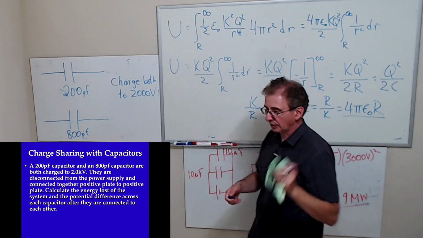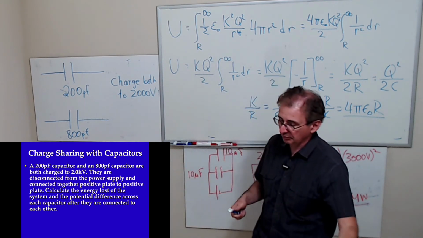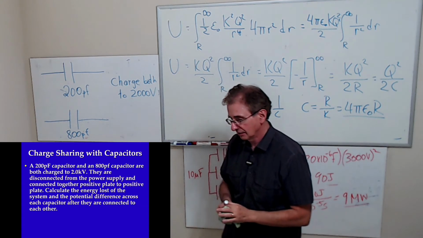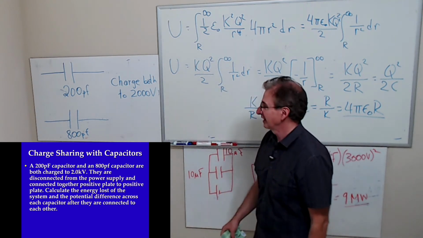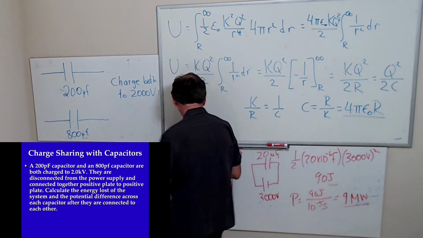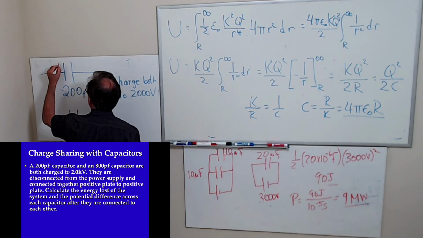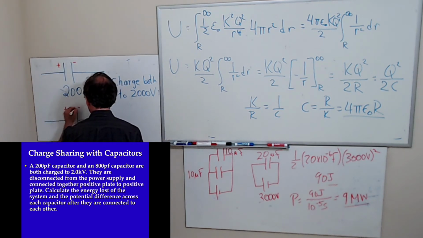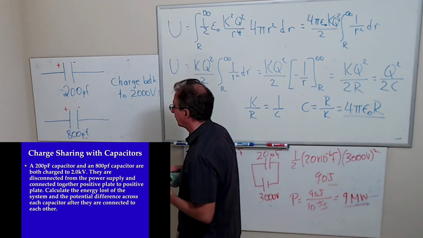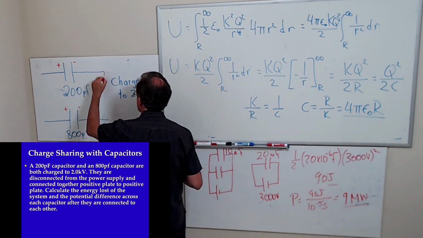Okay? I get rid of the power supply. In the process of getting rid of the power supply, let's pretend no charge is lost. We're in an idealized world. And let me be more specific here. Let's say this is positive, this is negative, this is positive, and this is negative. I take these 2 capacitors and I connect them to each other, like this.